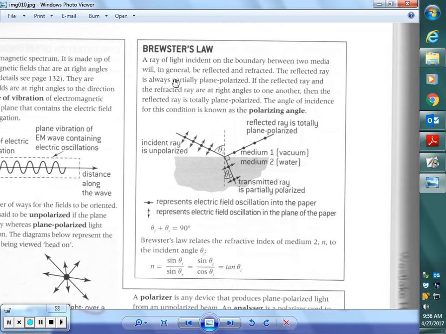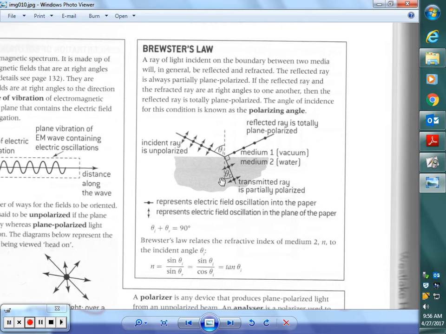It does happen at every medium, but remember, and we haven't talked about this yet, that for refraction, the index of refraction determines how much the ray bends when it goes into the new medium, right?